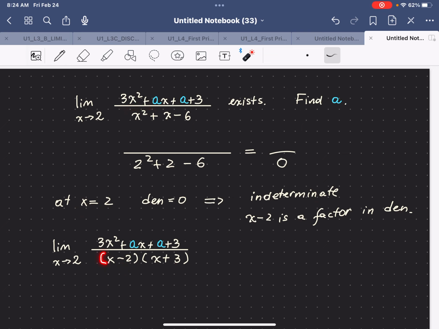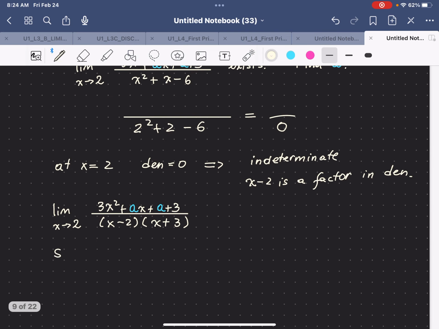Now since x minus 2 is a factor in the denominator, but the limit exists, it means that x minus 2 must have been simplified by a factor of x minus 2 from the numerator. So we're going to say that since the limit at x equals 2 exists, then x minus 2 must have been a factor in the numerator.